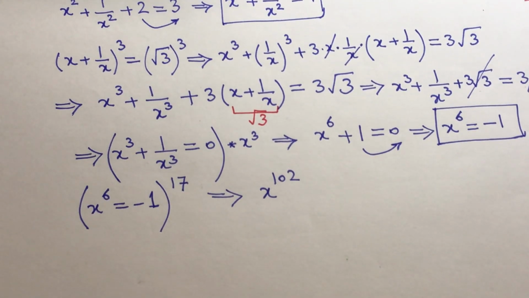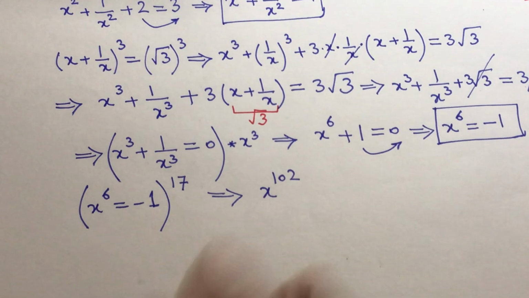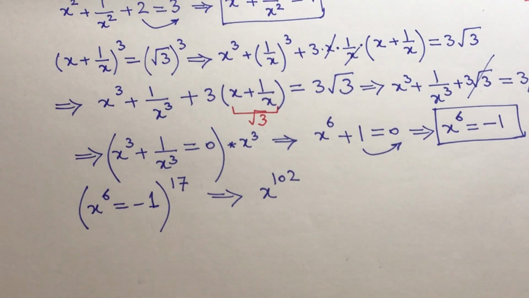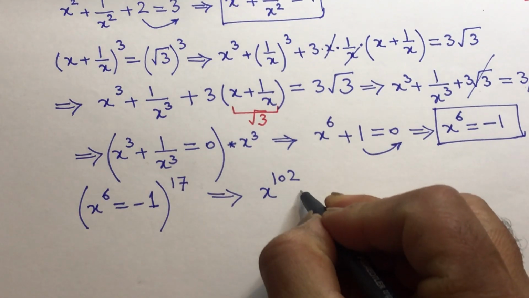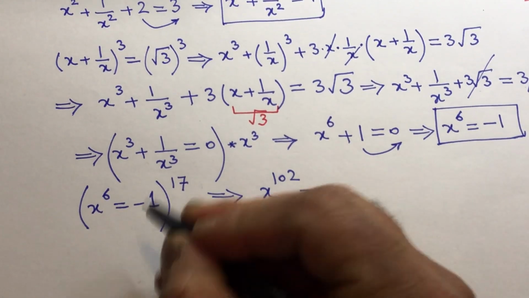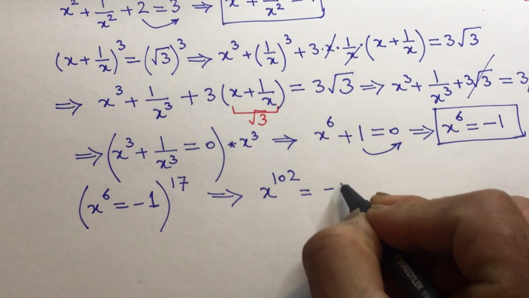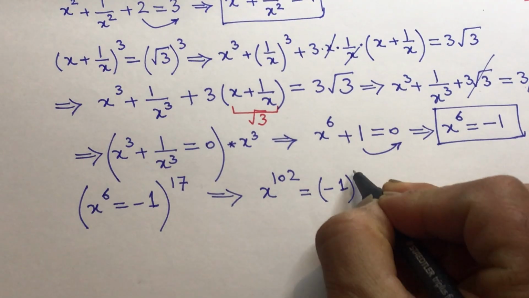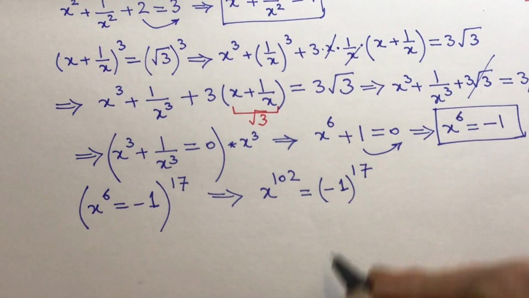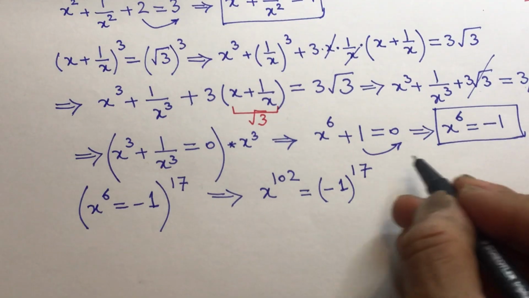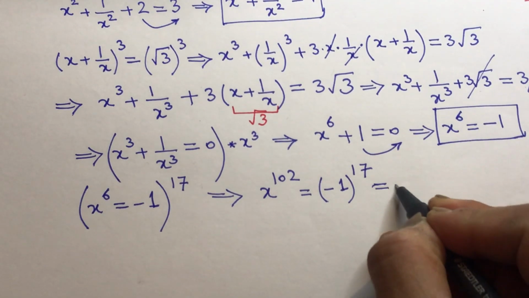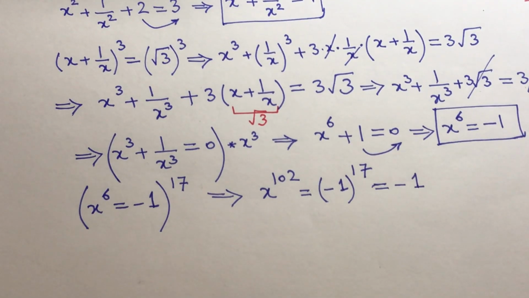Just 2 more, it's not exactly 100, but it's very close to 100. So we can continue from this procedure. And for the right side it is minus 1 to the power of 17, because this is an odd number, so minus 1 to the power of 17 is simply minus 1.